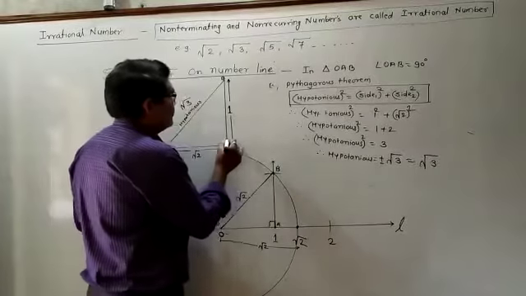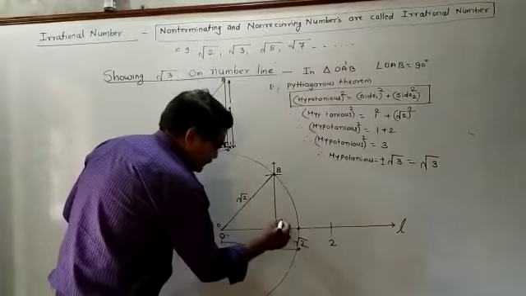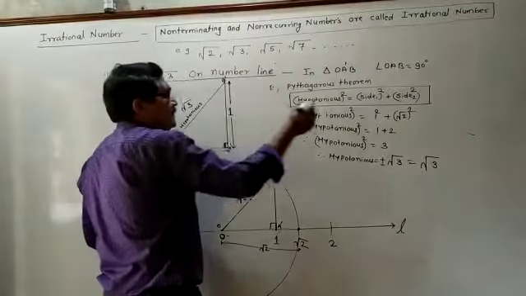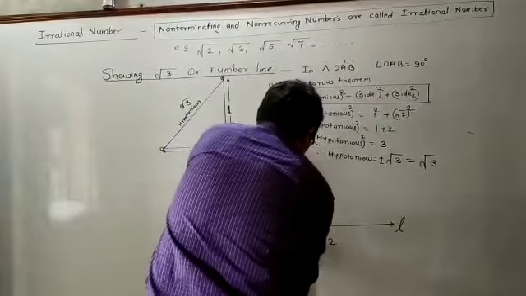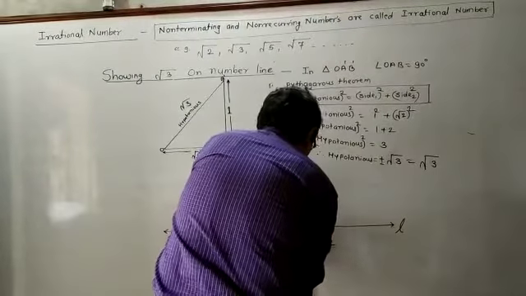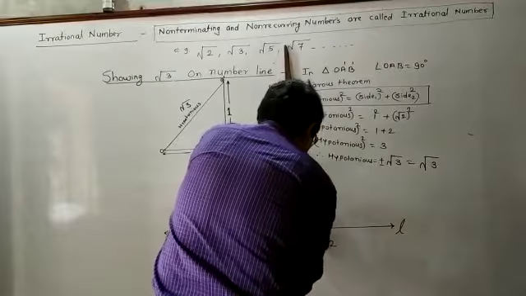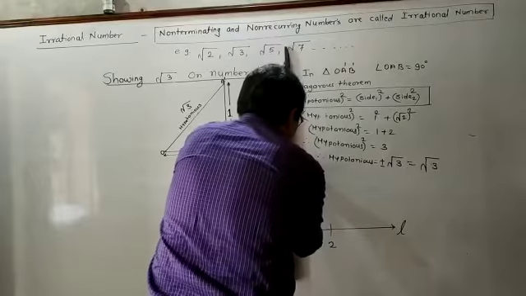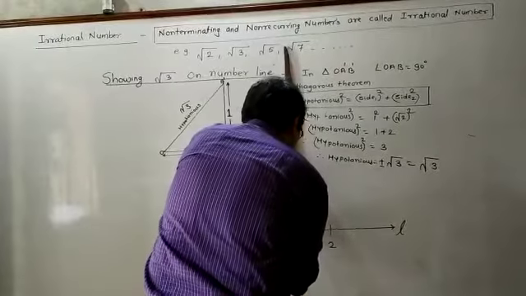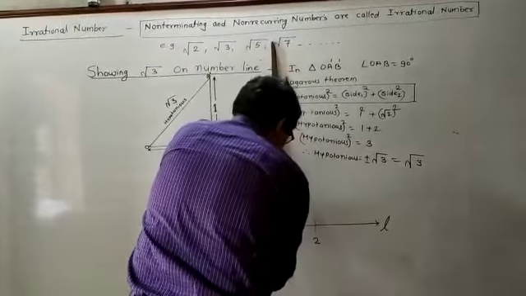I will say that this is A dash, this one is B dash. So I will draw the perpendicular line. While drawing the perpendicular line, if you take the 90 degree angle by protractor, no problem at all. Directly you have to draw the perpendicular line from this.